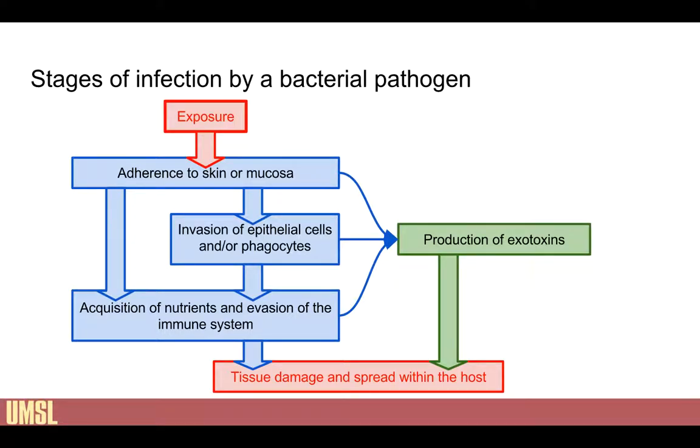Where we're going to spend a good amount of time today is talking about adherence to skin or mucosa. This is where the rubber meets the road for pathogens. This is the initial interaction with host tissues. As we'll see in Monday's lecture, invasion is the next step for many pathogens. But there are a good number of pathogens that do not invade epithelial cells.